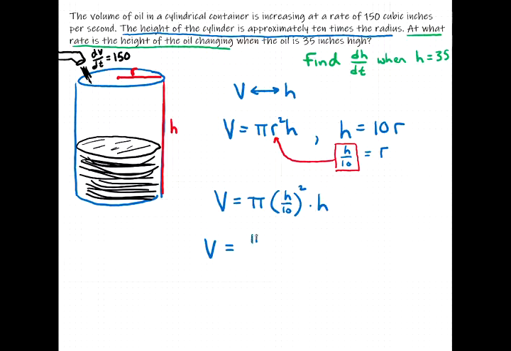So it looks like pi h, and then there's another h here, so that's h to the third power over 100. Or if you want to write it, pi over 100 times h cubed. It's another way you could write it. That way when we take the derivative, it's a little more visually apparent what's going on.